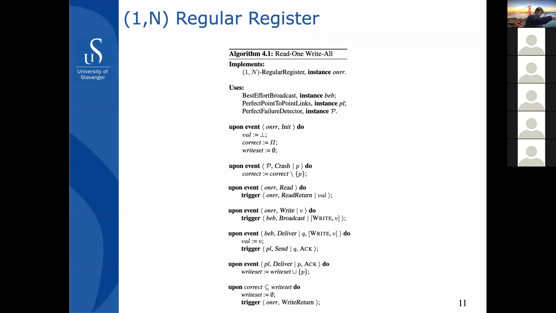So the pseudocode here, we will just take a look. It's not so long, and you can see that we are using a perfect failure detector, a best effort broadcast and perfect point-to-point links. So if you were to draw this module, you would have to remember to include all those other modules.